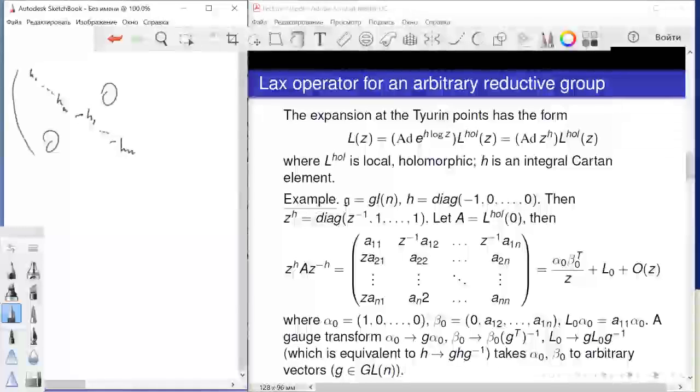Okay. So they are Cartan elements. But if you choose, for example, -3, the order of the pole will be higher than 2. Is that okay?